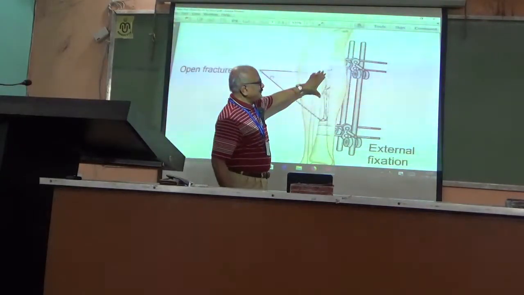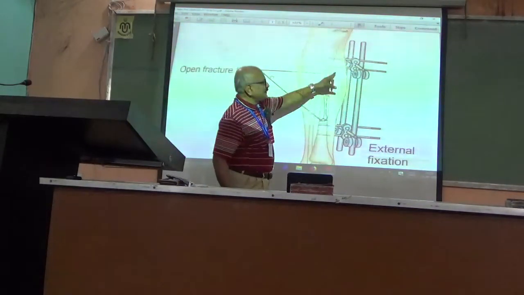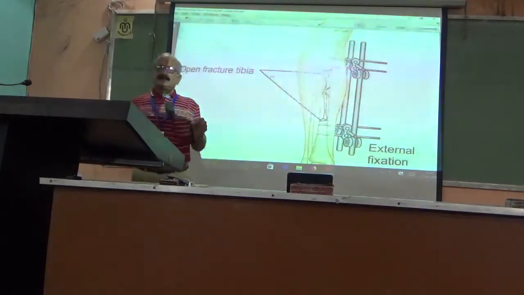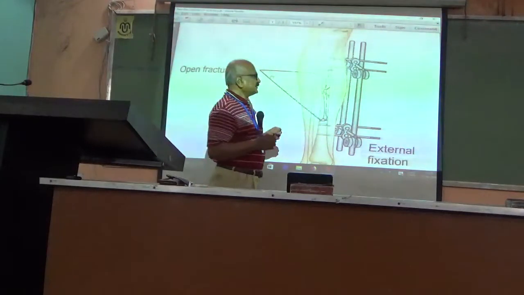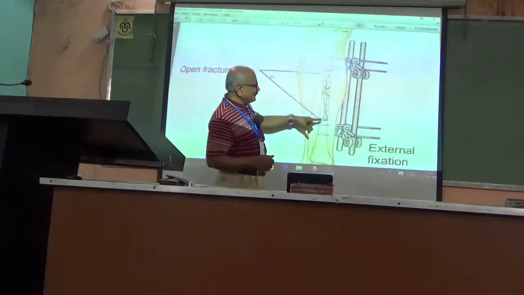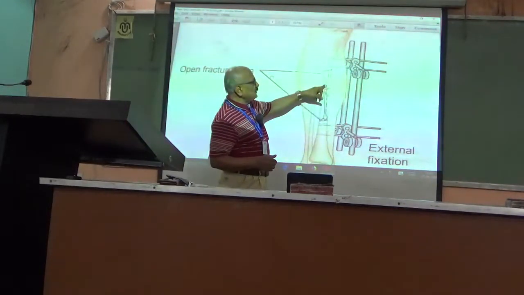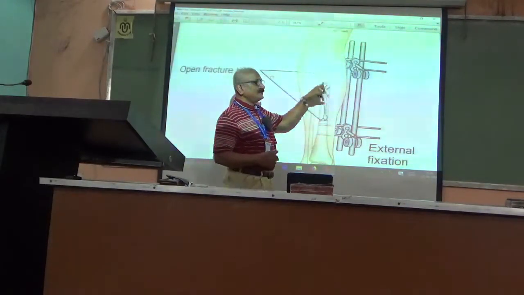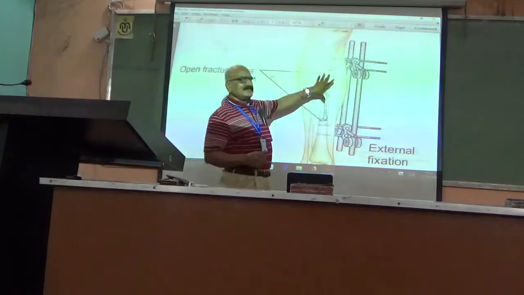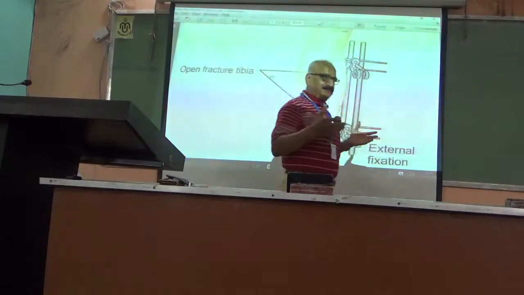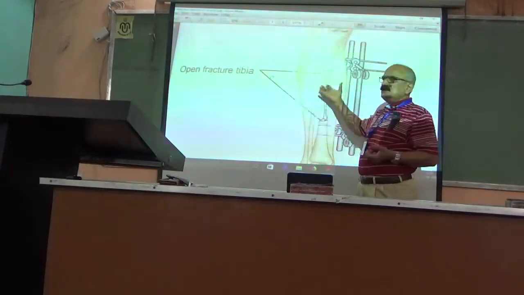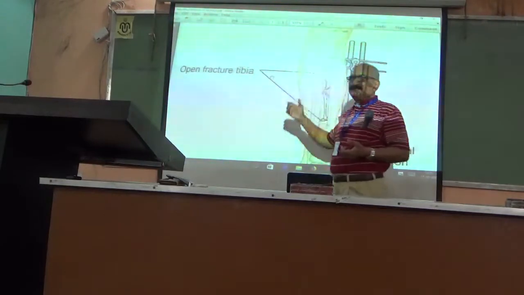This type of fracture, since it's associated with open injury, the first approach of treatment should be that I must reduce the fracture in a manner not to interfere with metal inside the bone area, the fracture area. Because this is all potentially infected area. An open wound with fracture is all potentially infected area.